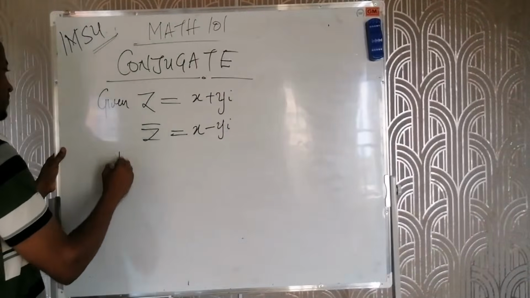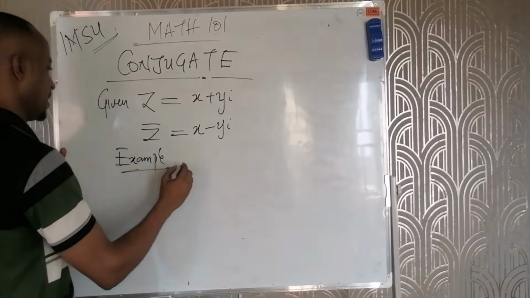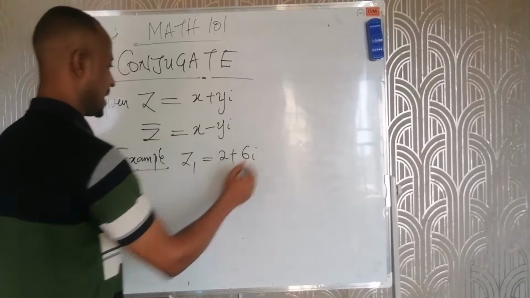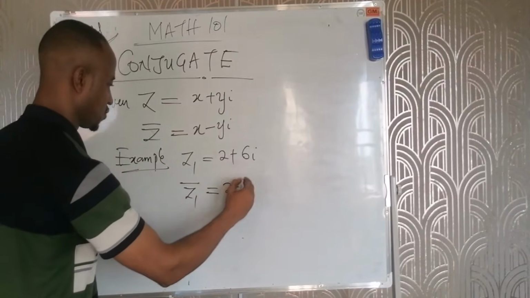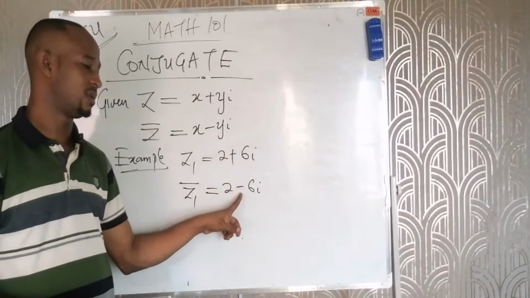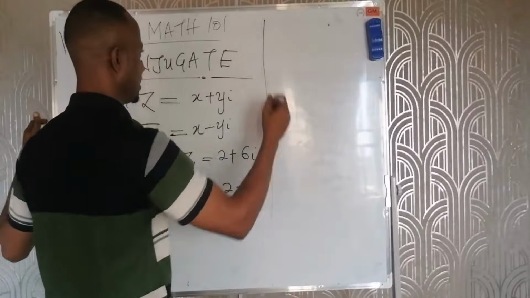For example, if we have z1 equals 2 plus 6i, that means my z1 conjugate is 2 minus 6i. Just change this sign to negative. That is the word conjugate. Let's look at another example.